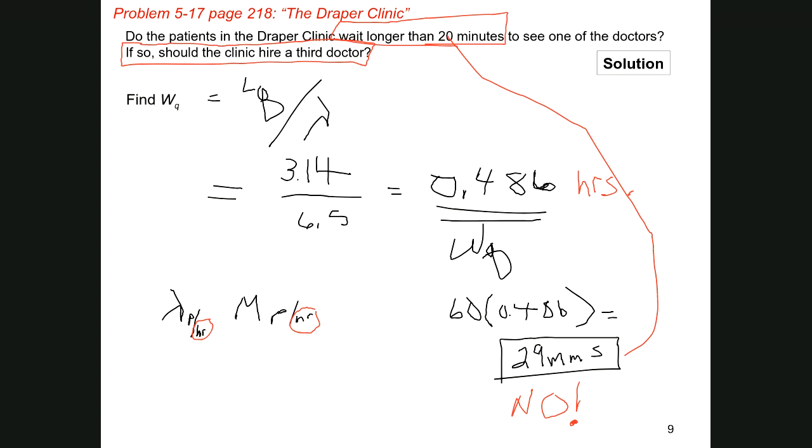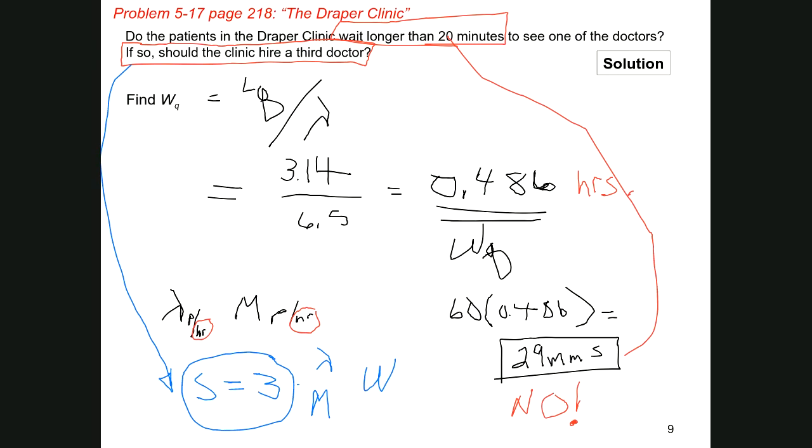In order to do this, we've got to go back and suppose we have S equals 3, with the same arrival rate and the same service rate. Then for S equals 3, what is W sub Q? Is it going to be less than 20 minutes?